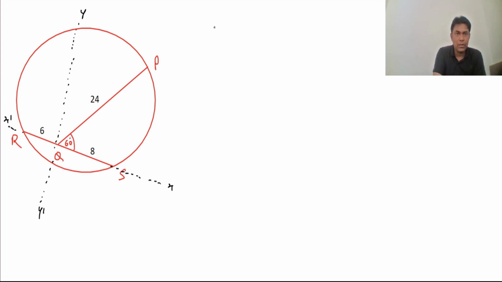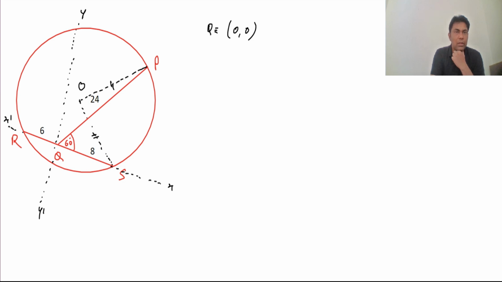With this, the coordinates of Q are 0 comma 0, and this is the center of the circle, let's call it O. So from here, OP and OS will be the radius of the circle.